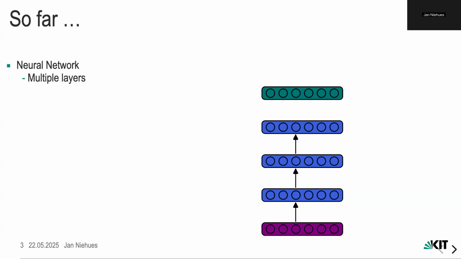You've also seen at the end of last lecture the transformer architecture. So you can, of course, combine different things. We're not really having to care about that at the moment. We are just assuming we have a lot of layers, and as we define multiple layers, the input to one layer is always the output of the previous layer, and so we can easily stack them onto each other.